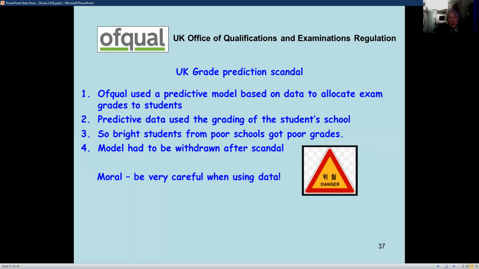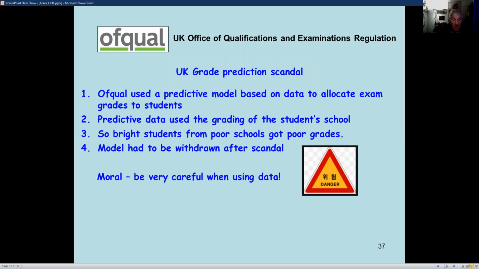Well, this was the job of a government body called Ofqual, the UK Office of Qualifications and Examinations Regulation. Since there were no exams, Ofqual decided to use a predictive model based on previous year's data to allocate grades to students.